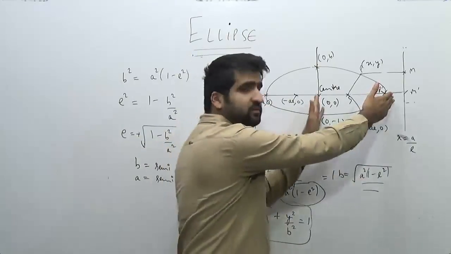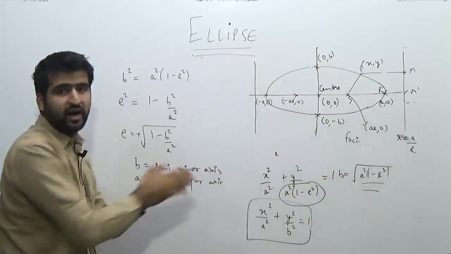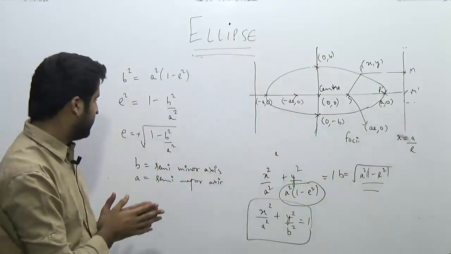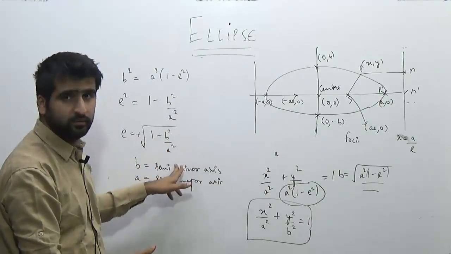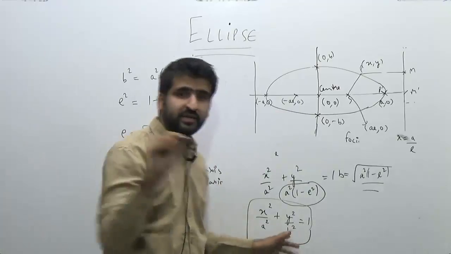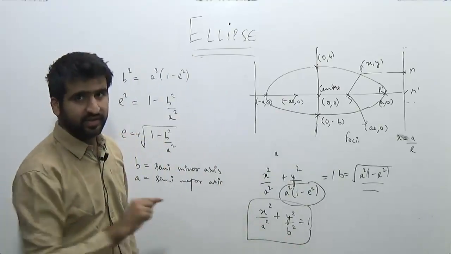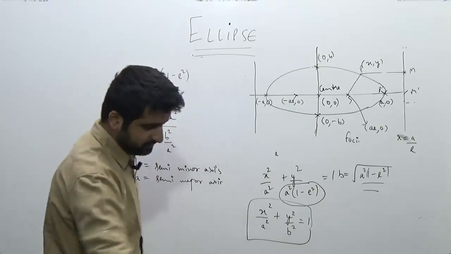So a is half of the major axis and b is half of the minor axis. Therefore b is the semi minor axis, and similarly this is a. Okay. So I can say that eccentricity is equal to under root 1 minus b square upon a square. So if I know the equation of the ellipse, I can easily find the eccentricity of this ellipse. Okay. So this is a very important thing.